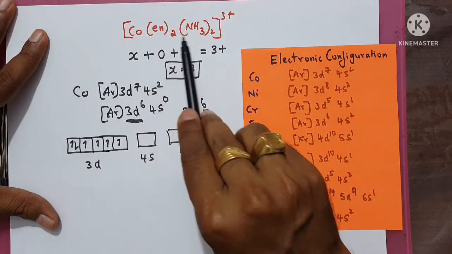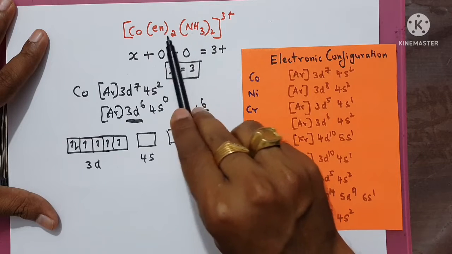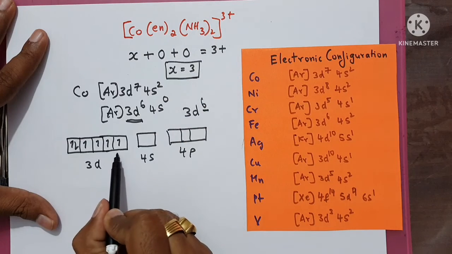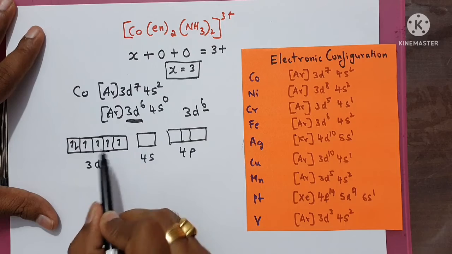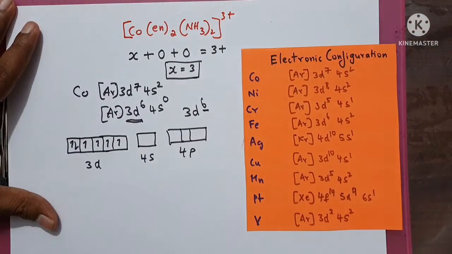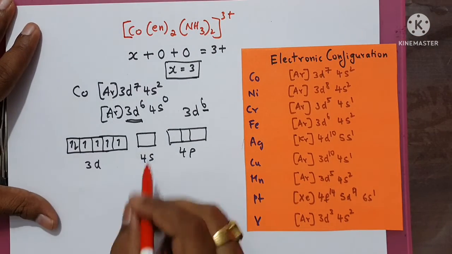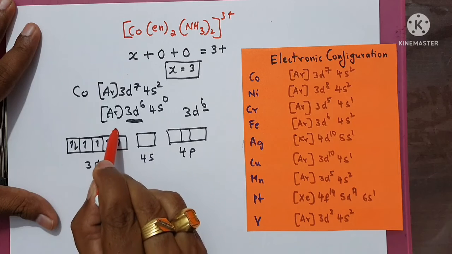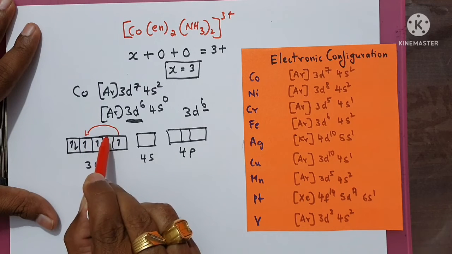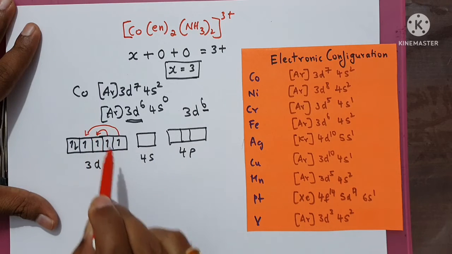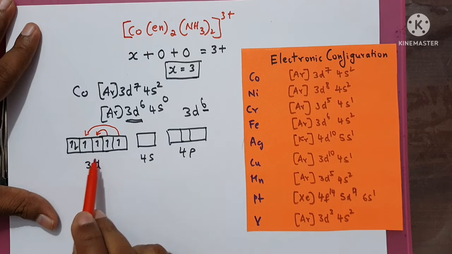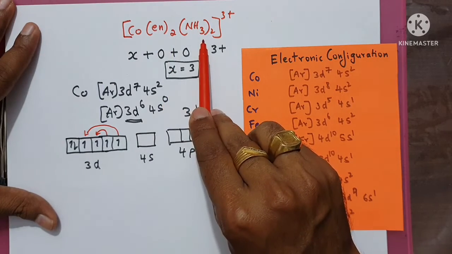Because strong field ligands are present, these electrons will shift. You can observe here, this electron will shift here, and this electron will shift here. The pairing is taking place because it is a strong field ligand.